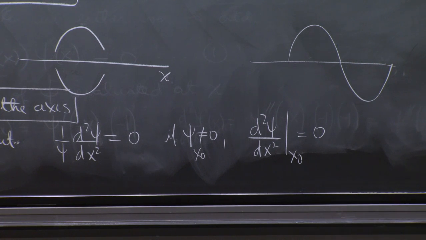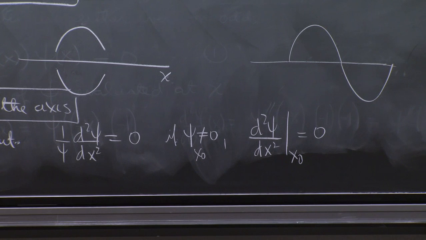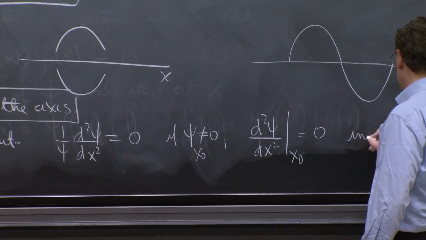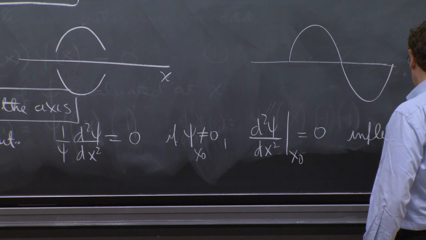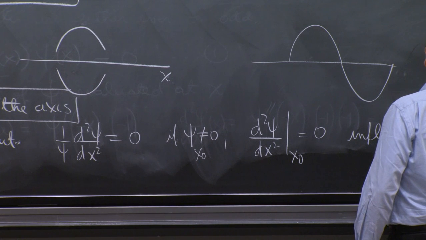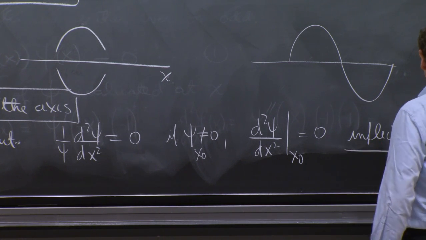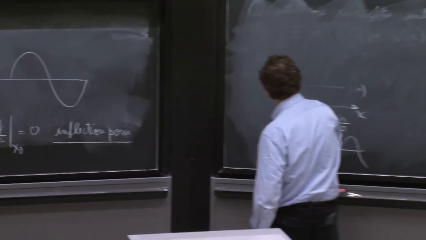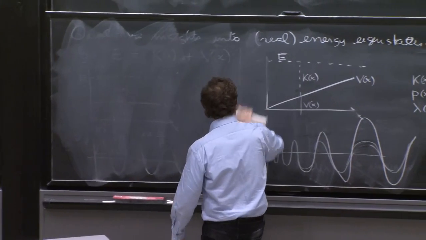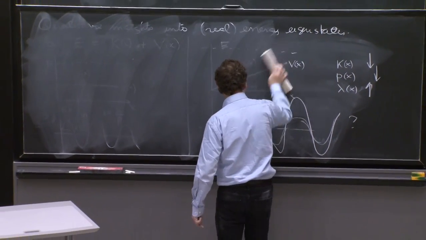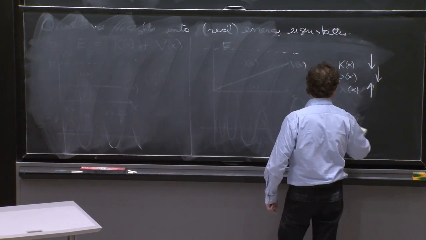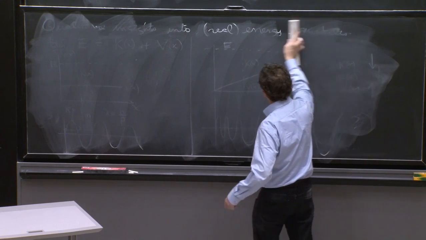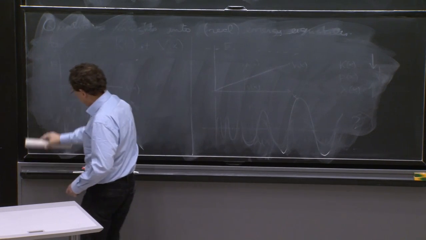And a second derivative being 0 is an inflection point. So if you have a wave function that has an inflection point, you have a sign that you've reached a turning point.